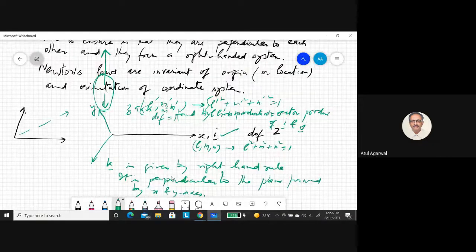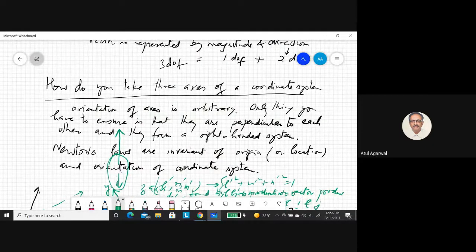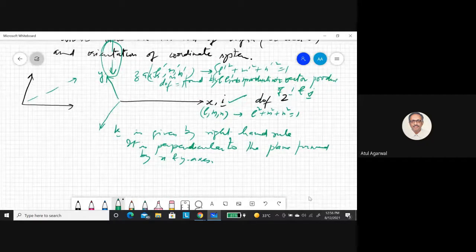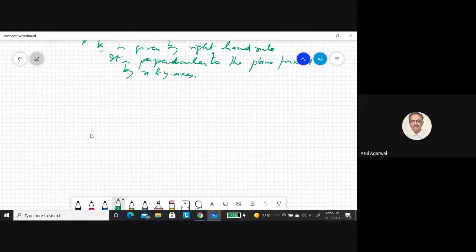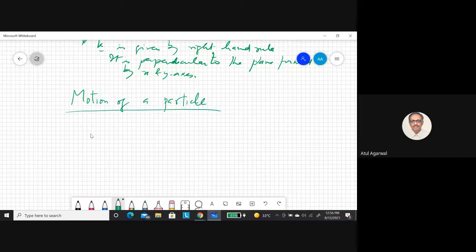So I have told you about vectors and coordinate systems. When you used to analyze motion of a particle, I had told you what a particle is. It occupies 0 volume. So it is a kind of mathematical concept. It is represented by a geometrical point.